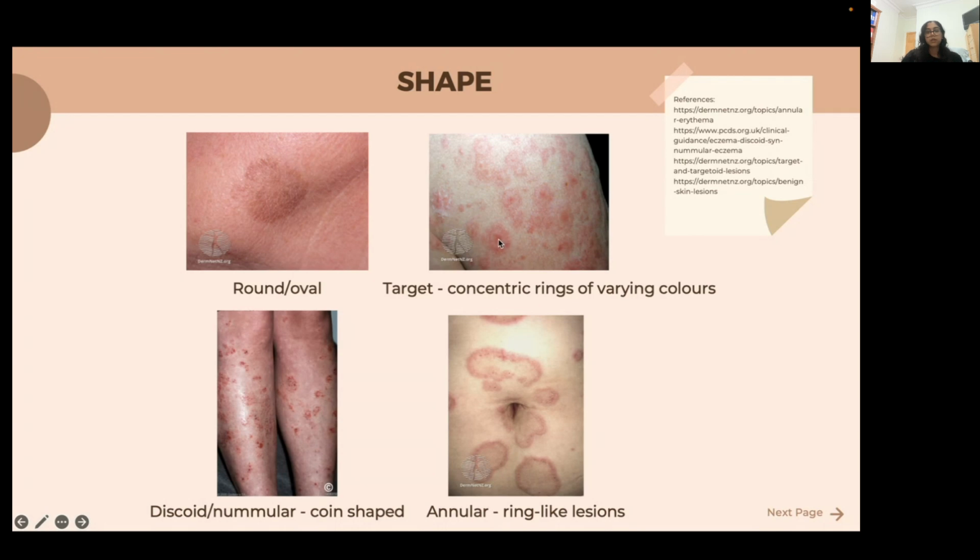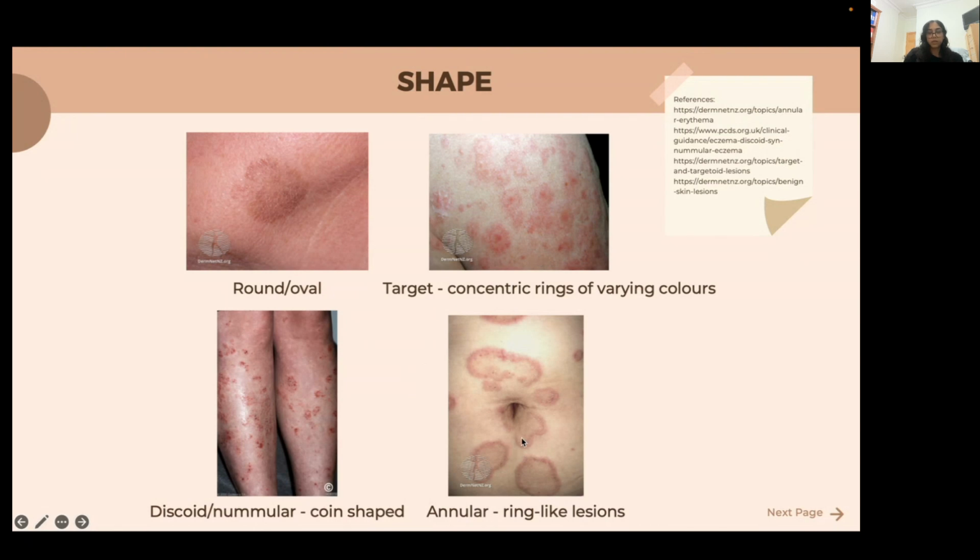So if you look closely, we can see that we've got this small inner ring, which is a kind of darkish pink color. Then we've got a surrounding paler pink color. And then we've kind of got another border where it's a bit darker pink color. So we've got rings of different colors. We'd call these target lesions.